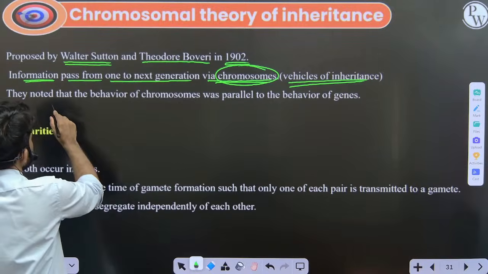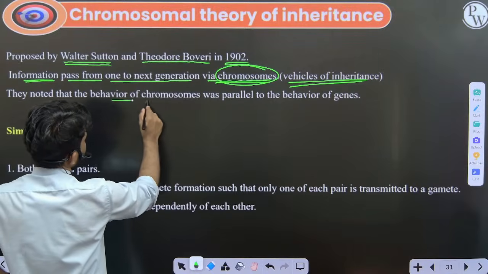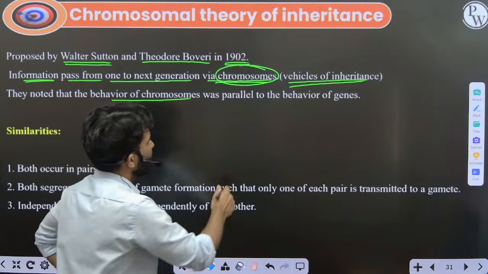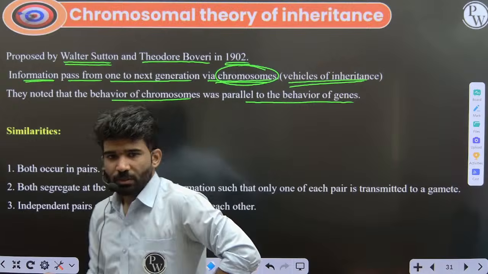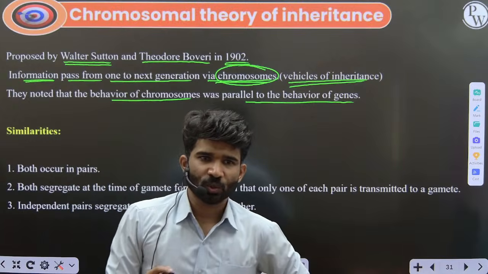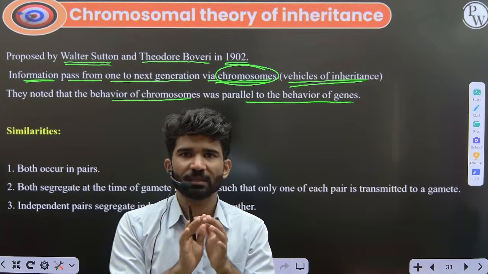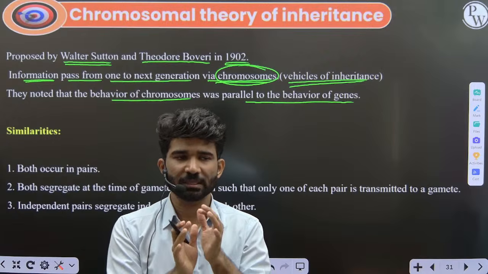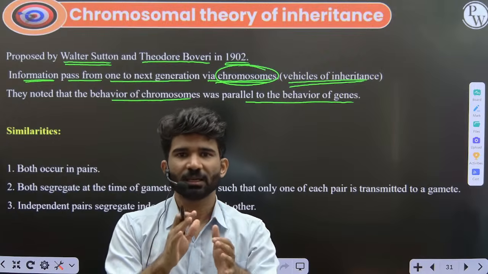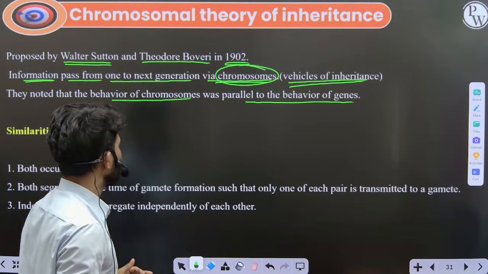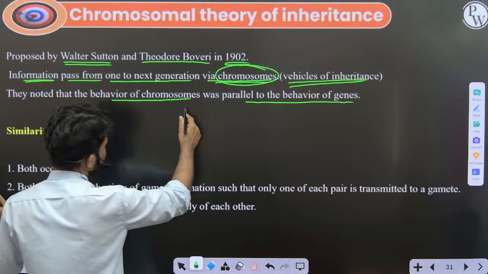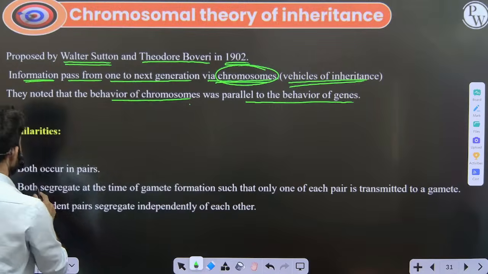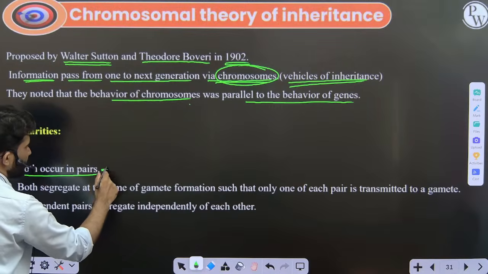They also noted that the behavior of chromosomes was parallel to the behavior of genes. Genes as well as chromosomes behave in a similar pattern. The first similarity is that both occur in pairs.